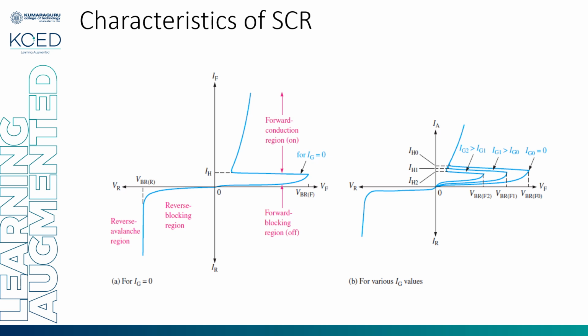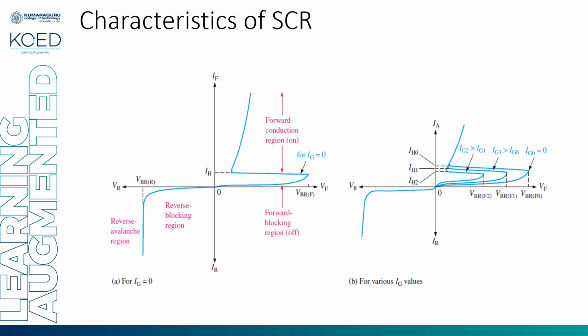And it shows a high increase in current. When you see the second option, B, for various Ig values, you can see that as Ig keeps on increasing, the VBO is lesser. So when your Ig is 0, the VBO is the maximum. Breakover voltage is maximum for open gate.